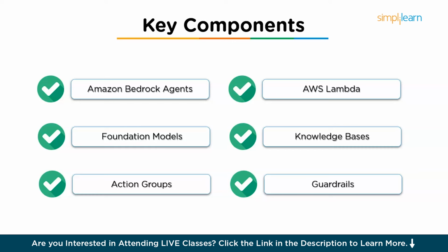Then there are action groups. Action groups define what the agent can do beyond answering questions. They allow the agent to execute functions, fetch data, and interact with APIs. For example, retrieving customer orders from a database, processing refunds using an e-commerce system, or creating support tickets in a help desk platform. Each action group is mapped to an AWS Lambda function which handles the actual task execution.